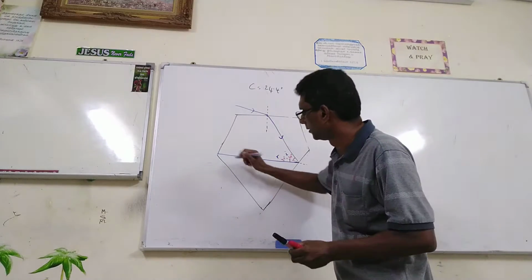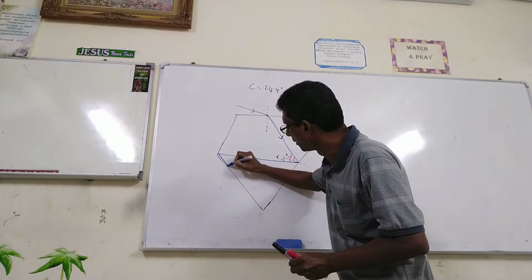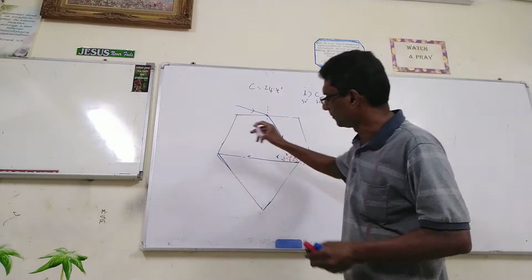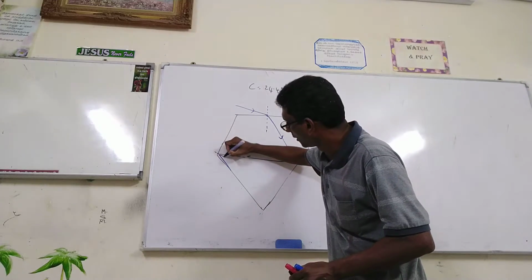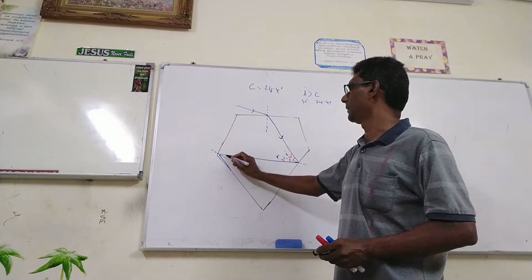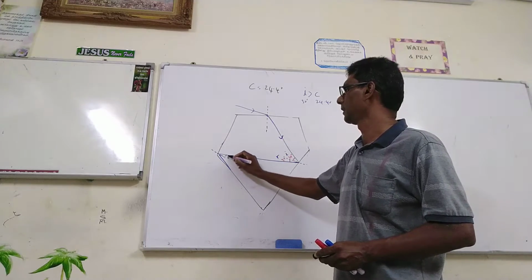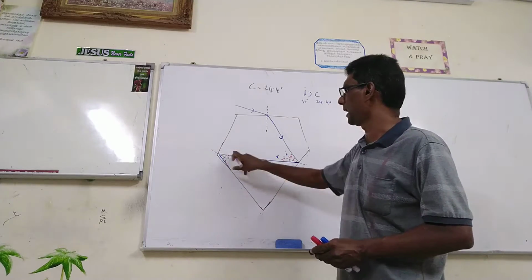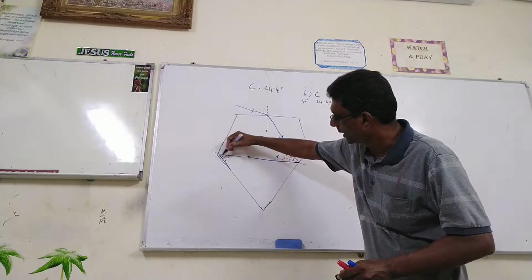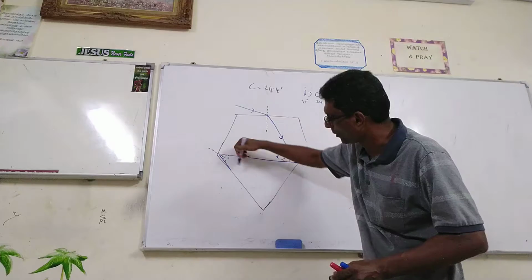That is the second light ray. Okay, this is the normal. So the angle of incidence I is equal to R. This is the normal line.